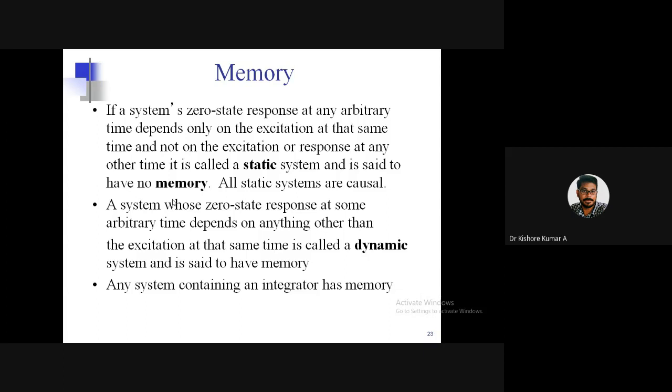A system whose zero state response at some arbitrary time depends on anything other than the excitation at the same time is called a dynamic system and is said to have memory. So any system containing an integrator has memory. With this concept, we can conclude all static systems are causal systems, and if the system contains an integrator, it is a dynamic system, that is, it has memory.